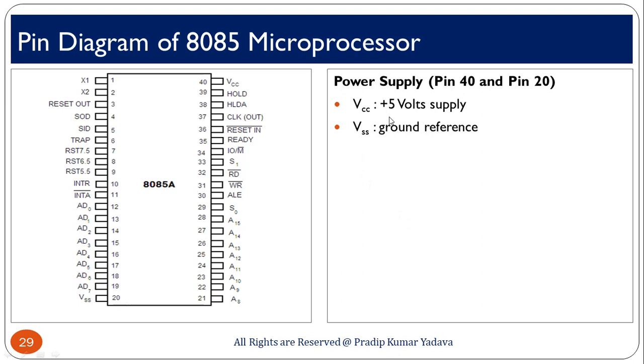For VCC, you have to provide a 5-volt supply to operate or to turn on the microprocessor. It requires a 5-volt supply. After providing the 5-volt supply, your microprocessor will be on, then you can perform any operation, and pin number 20 is used for ground reference.